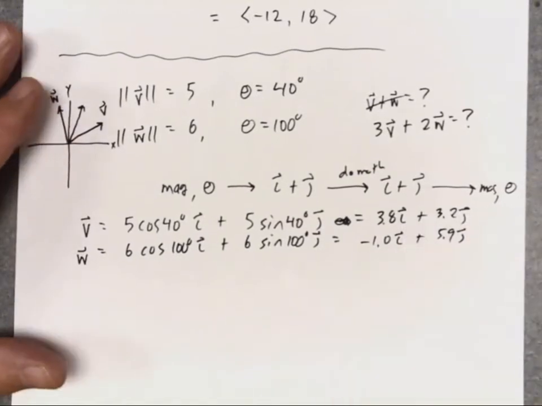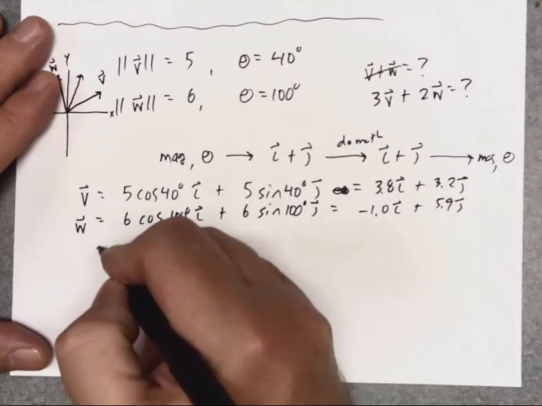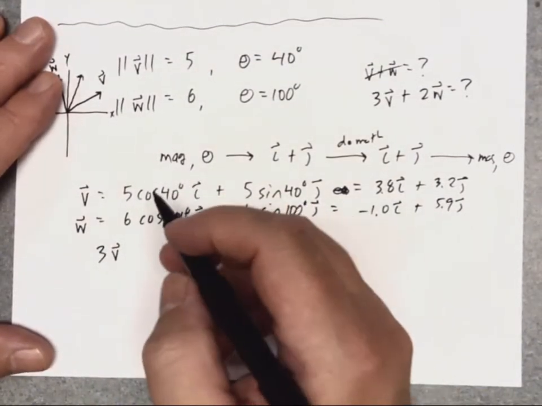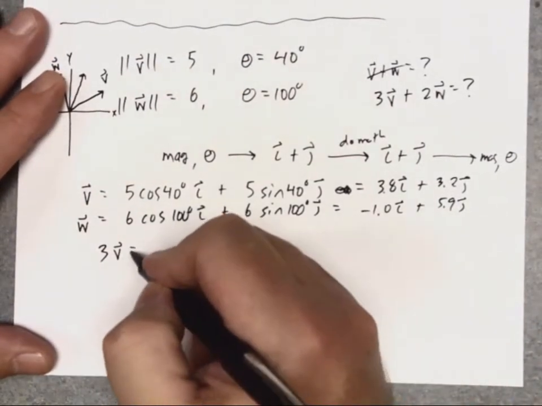So this is the new v vector and w vector. But actually what I have to do is 3v, so let's write what 3v would be.